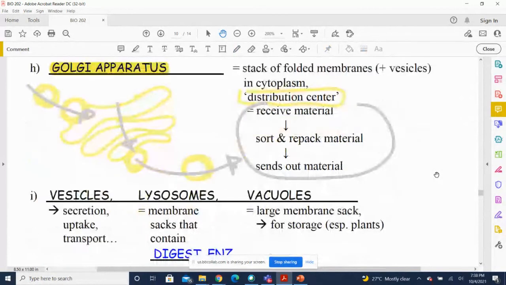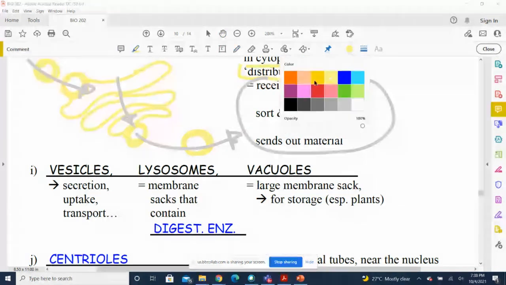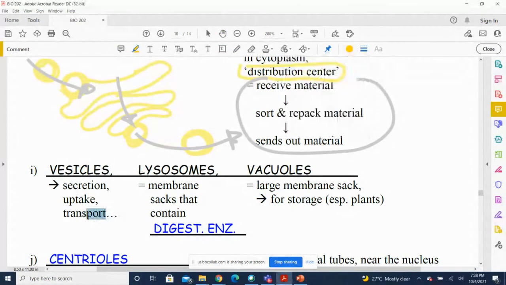We have many different kinds of vesicles, lysosomes or vacuoles. Vesicles often play a role in transporting materials. So they are a way of transporting materials. Lysosomes typically contain something like digestive enzymes, so they help us break apart whatever the lysosome fuses with.